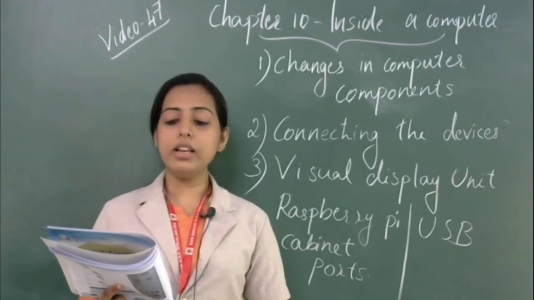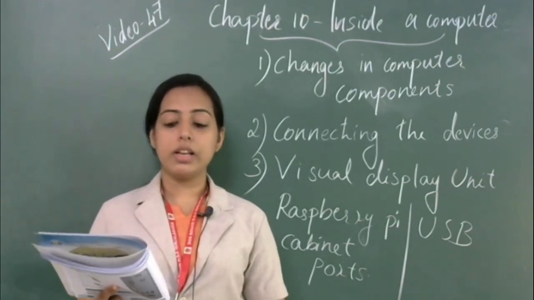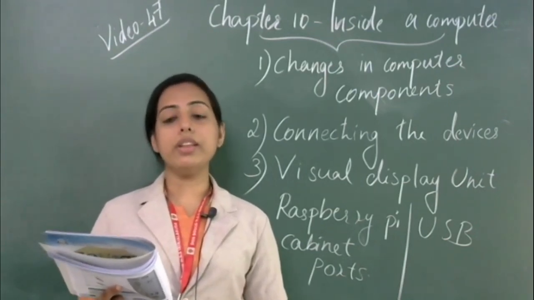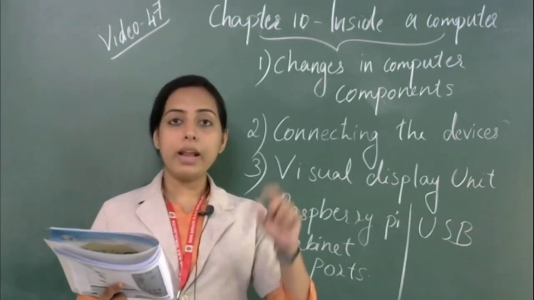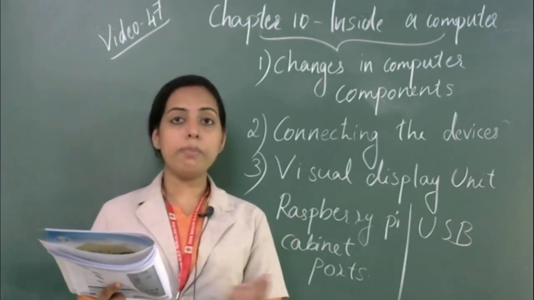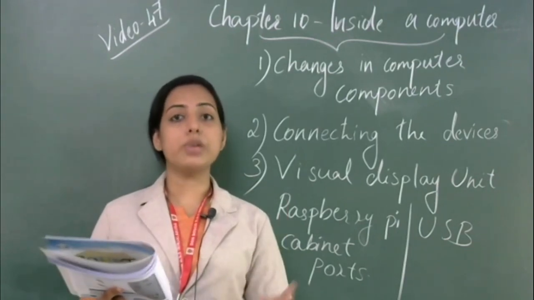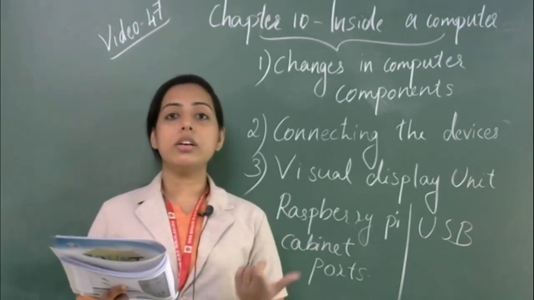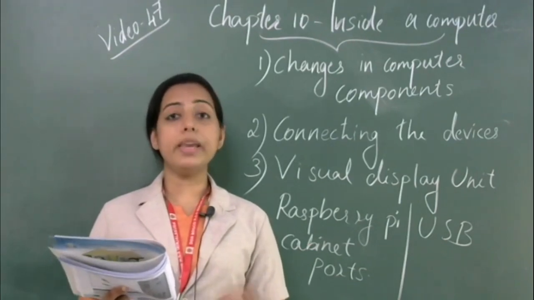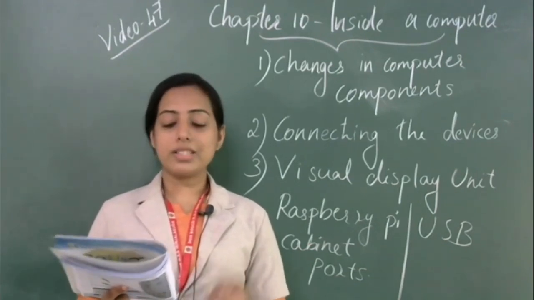You might have seen mobile phone chargers, fans, lights, etc. working with USB. In a mobile phone, we can see a small USB port, the micro USB port, for charging. That's what is described in your textbook.